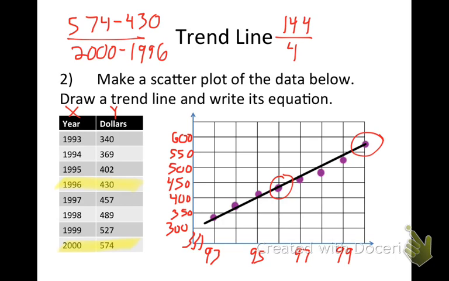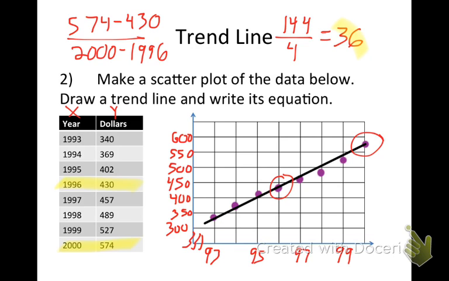Does 4 go into 144? How many times? Is it 36 times? Yeah, 36 times. So I have my slope here.